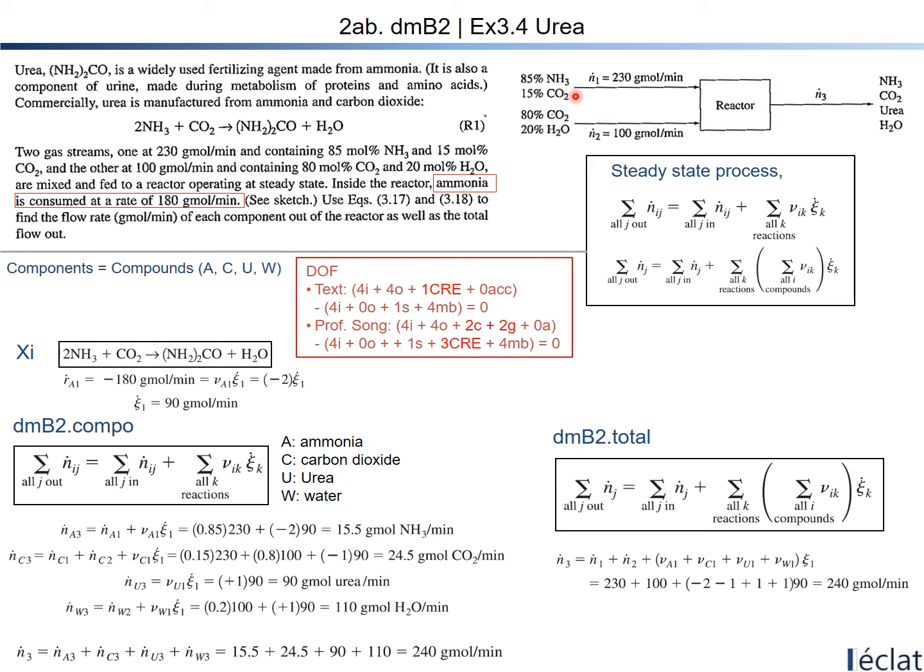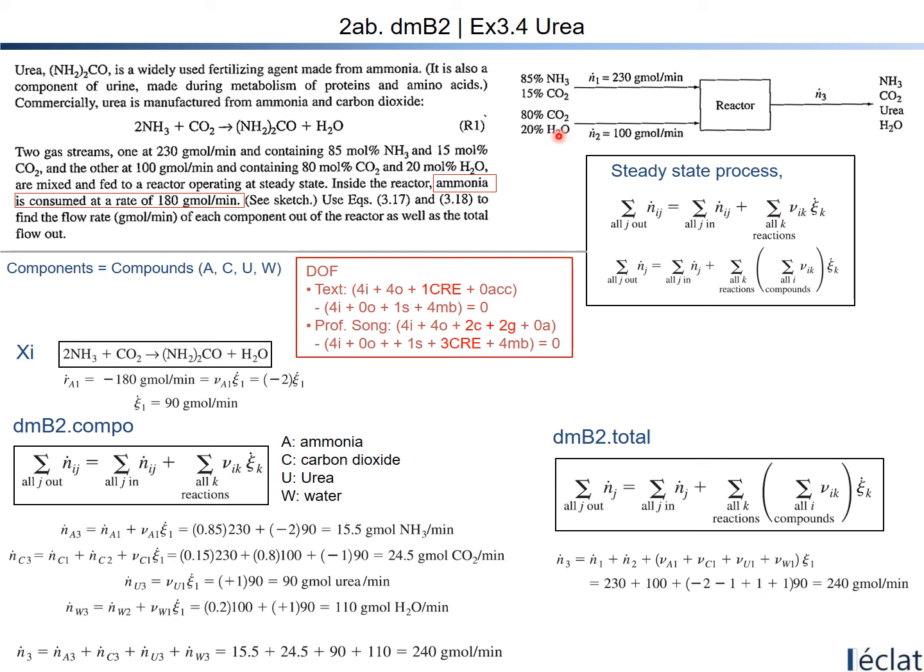For example, 15% CO2 could be calculated from 85% ammonia, or 80% CO2 could be calculated from 20% water. So this one is not independent of this one, and 80% CO2 is not independent of 20% H2O.